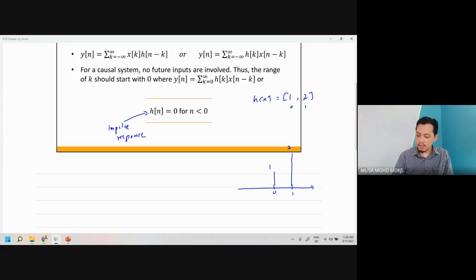What is the x-axis? This is n. And if you are looking at -1, -2, there is no value, or the value is 0. So hn is equal to 0 for n less than 0, which is -1, -2, and so on. So we can see that the values are 0. So we can conclude that this system, this hn, this impulse response, is causal. Okay, as simple as that.